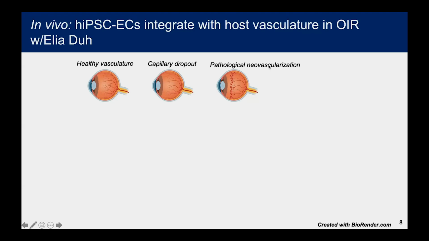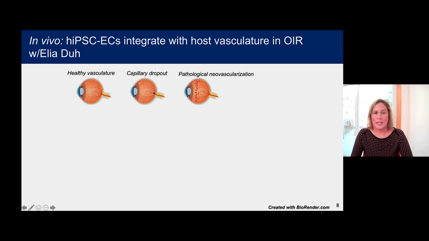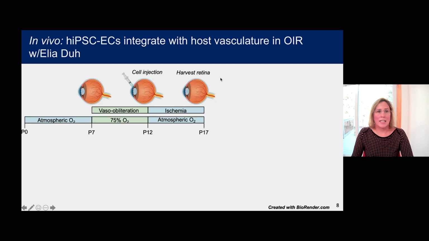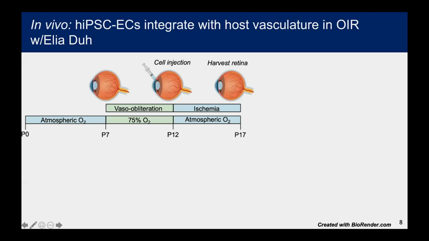During retinopathy, what's happening is that the healthy vasculature is exposed to a stress, in this case high oxygen, causing the capillaries to drop out, which causes a hypoxic or ischemic region in the retina, which induces pathological neovascularization. What we thought we could do is basically inject the cells at that point where we are generating this ischemic, hypoxic condition, and see if they are going to stabilize the retina vasculature.